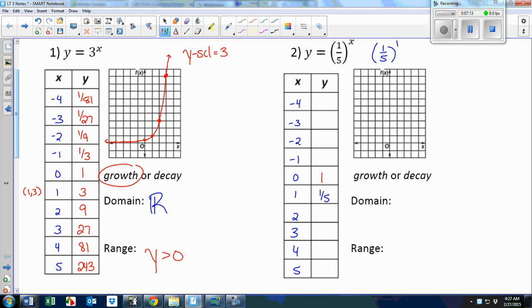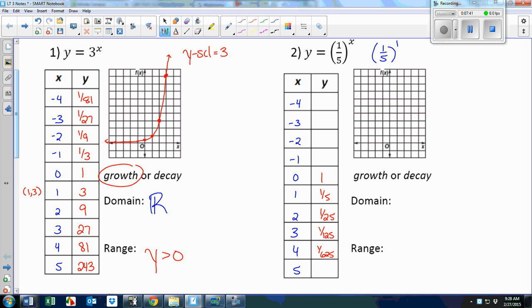What's 1/5 squared? What's 1/5 to the 2? Oops, I need to keep my colors. 1 over 25. When you square that fraction, 1 over 25. When you cube it, 1 over 125. When you raise it to the 4th, 1 over 625. And then honestly, that's as far as I would know.